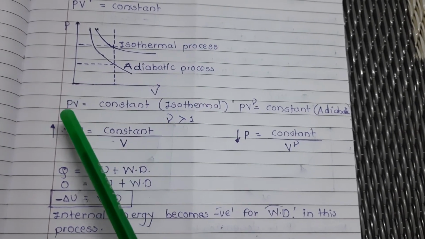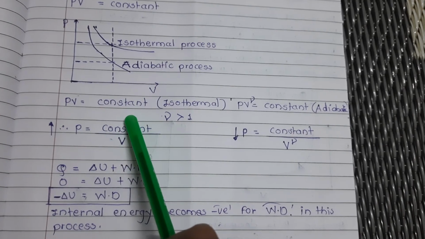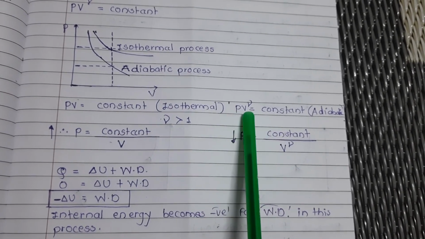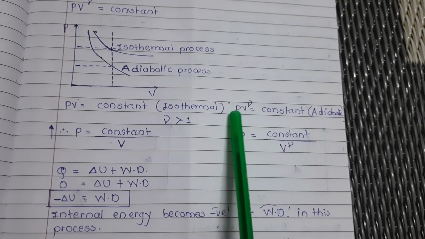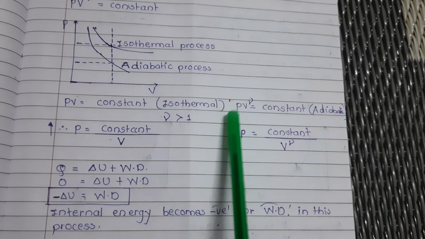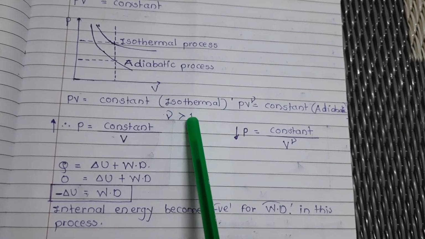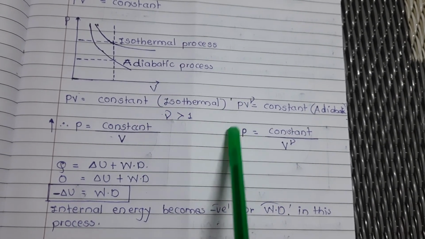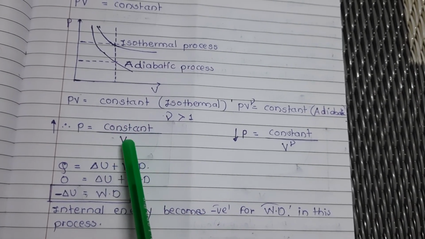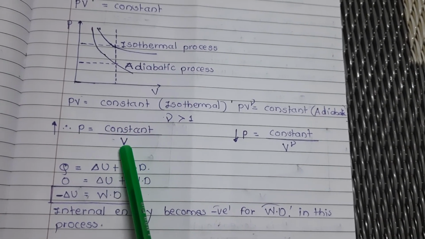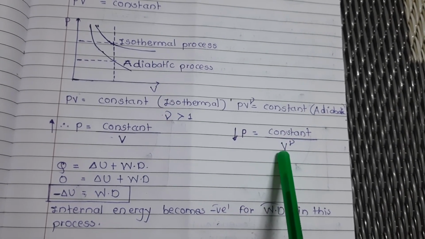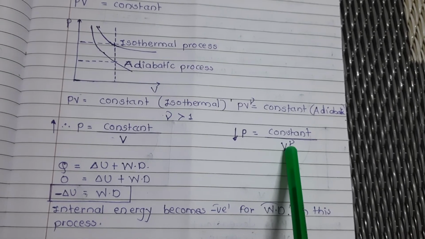How? See, PV is equal to constant for the isothermal process and PV raised to gamma is constant for the adiabatic process. Gamma is greater than 1. Hence, P is equal to constant by V, and P is equal to constant by V raised to gamma.